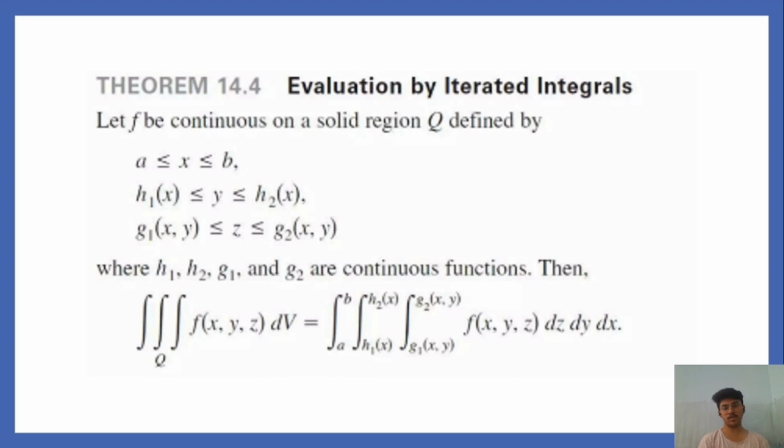Then the triple integration over Q of f of x, y, z dV equals the integration with limits a to b, the integration with limits h1 to h2, the integration with limits g1 to g2 of f of x, y, z dz dy dx.